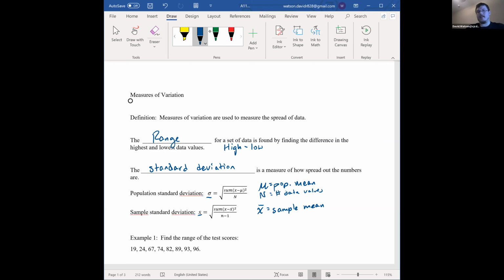You're still squaring those differences, adding them all together, and this time you divide by n minus 1, where n is again just the number of data values you have in the sample.